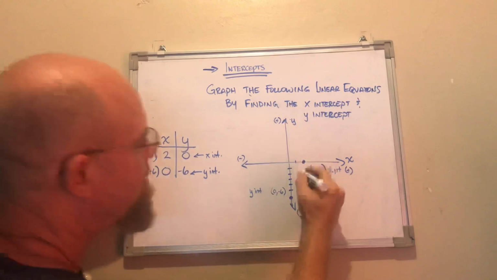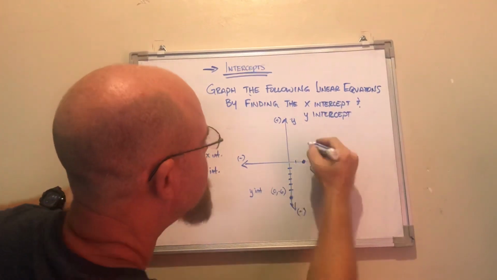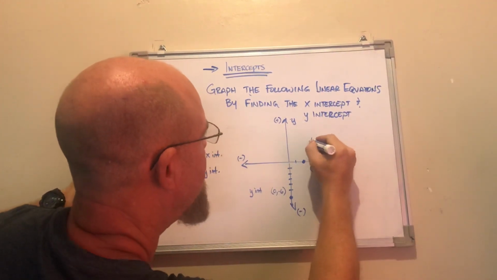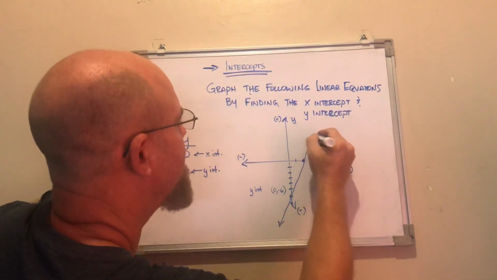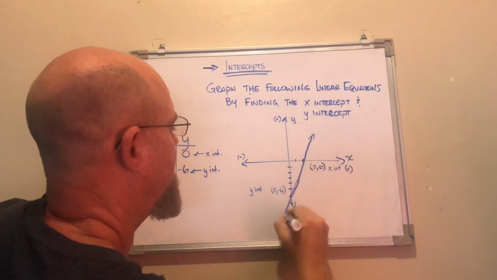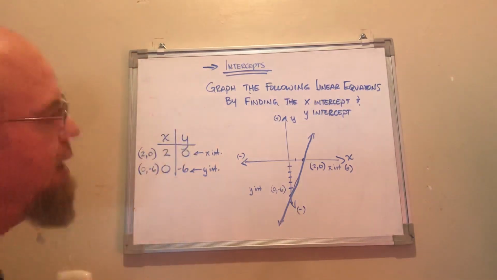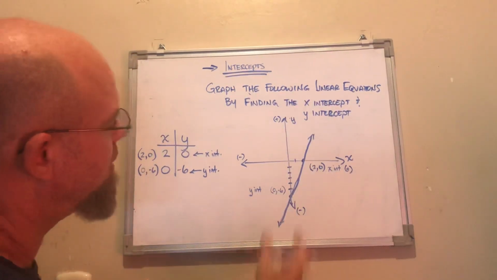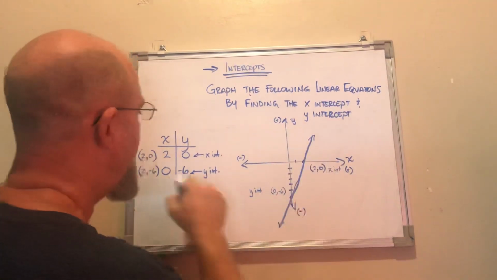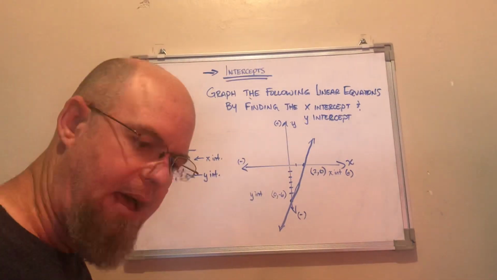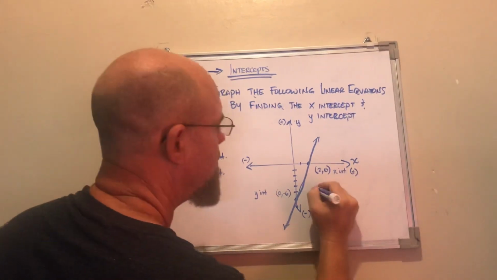All right? And all I have to do is connect these 2 points with a straight line. That is not very straight right there. Let me try that again. Oh, that's a terrible line, guys, but you know what I'm trying to do here. Drawing a straight line.